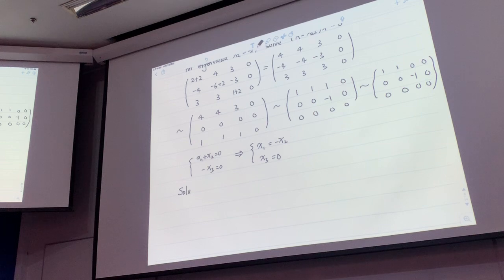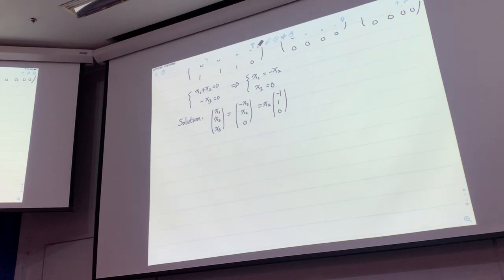So here is the solution, equal to negative x2, x2, 0, which is equal to x2 times negative 1, 1, 0. Now choose the eigenvector.